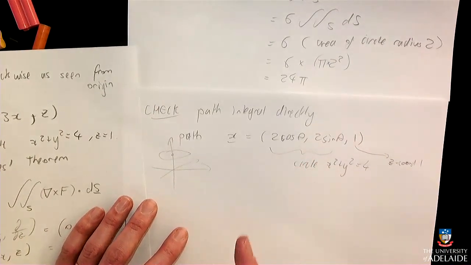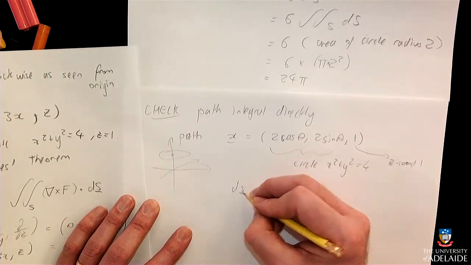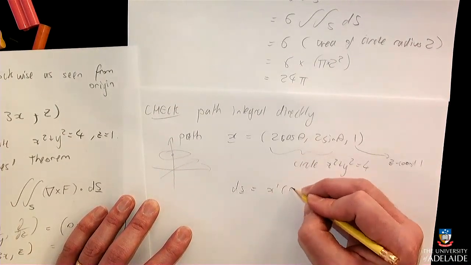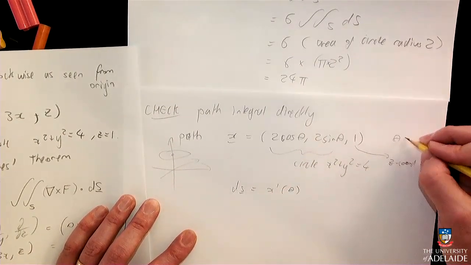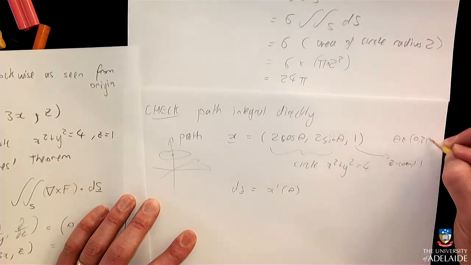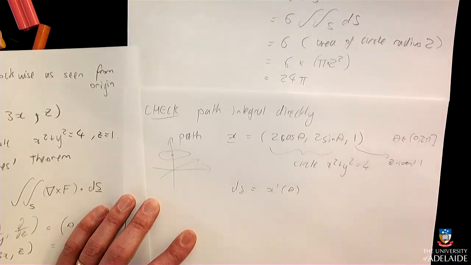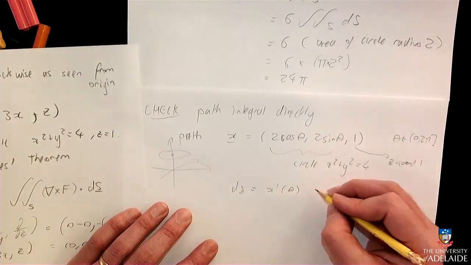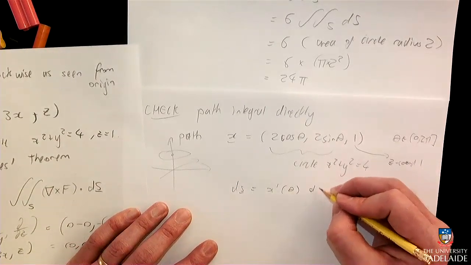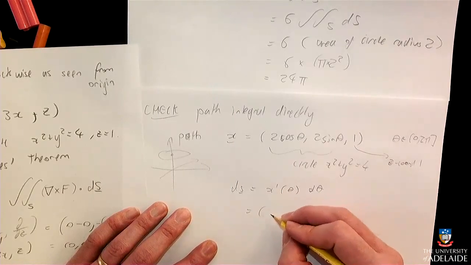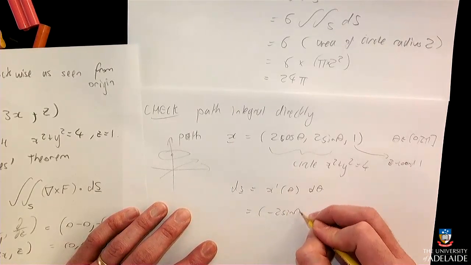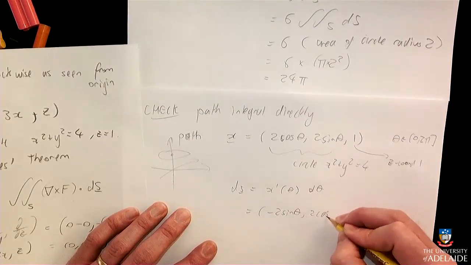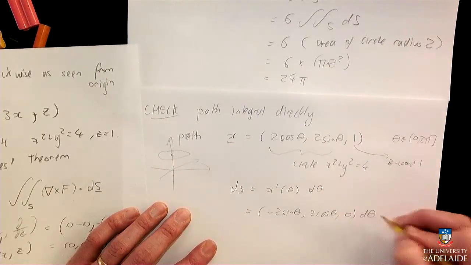So to do a path integral, my ds is my x dash theta times d theta, which would be minus 2 sine theta, 2 cos theta, 0 d theta.